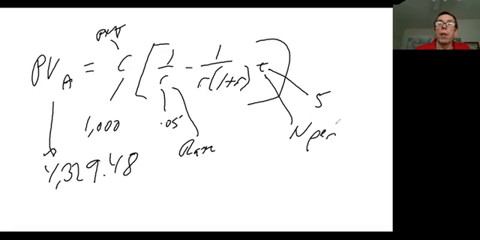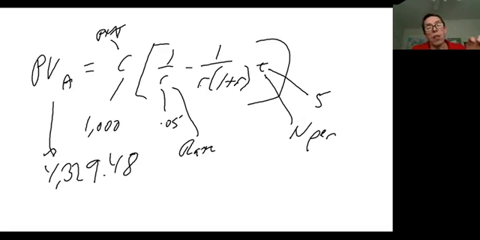So T, which is 5, is your NPER in Excel. R in the formula, which is 5%, is the rate in Excel. The C, which is $1,000 in our formula, is PMT in Excel, and it's going to give you the present value of $4,329.48, which we've already gone through and done there.